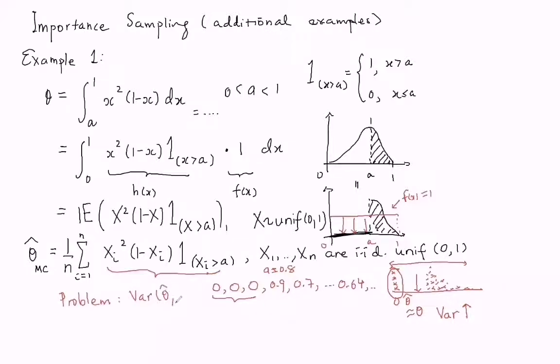Variance of this is high, so we don't actually want that. Okay, so then we need to come up with a different way to do this. The way we're going to do this is to use importance sampling. All right. Now let's watch carefully how importance sampling overcomes this problem.